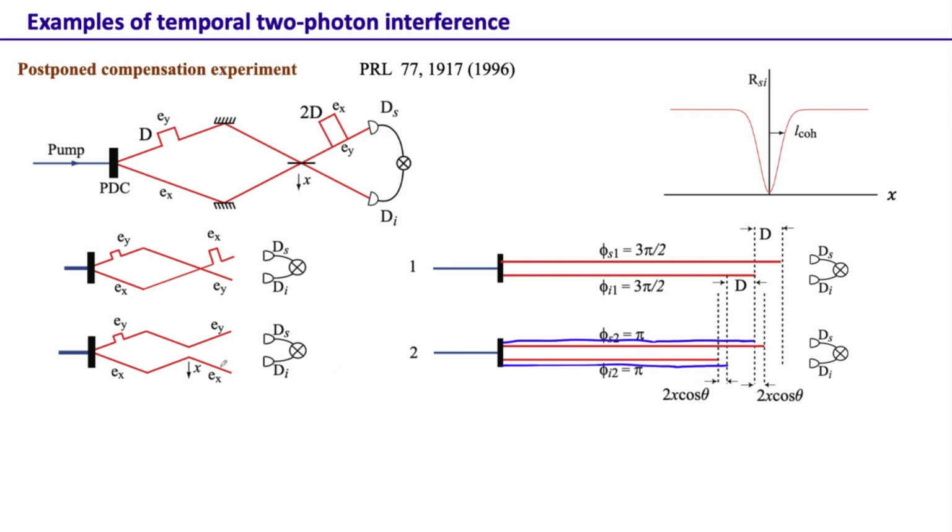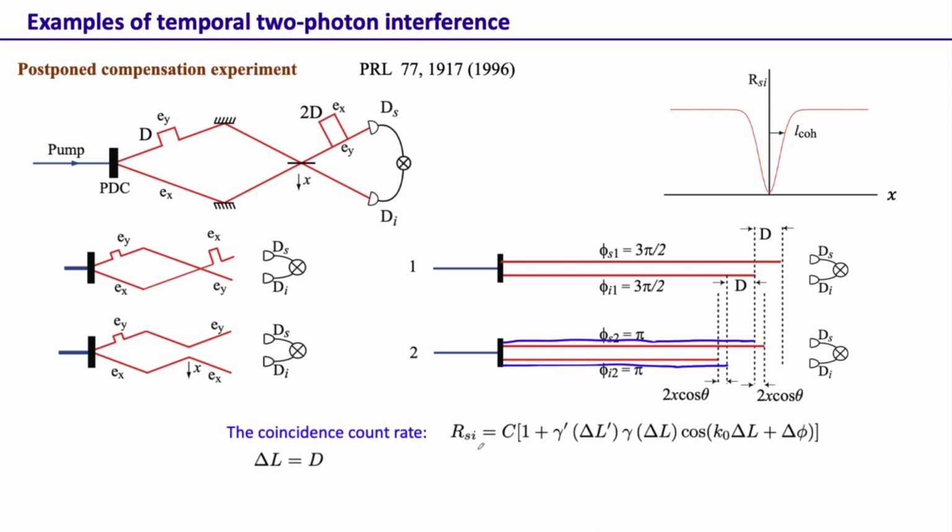From the balance position, when we start moving this beam splitter, of course we increase the path length of the signal photon by 2x cosine theta, and we reduce the path length of the idler photon in the second alternative by the same amount, 2x cosine theta. So in this case, of course, this is our coincidence count rate, and for evaluating this, we need delta L, delta L prime, and delta phi.